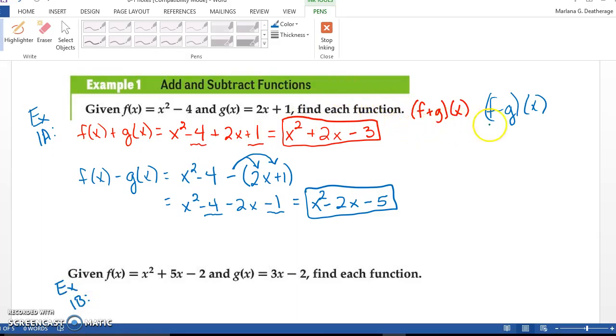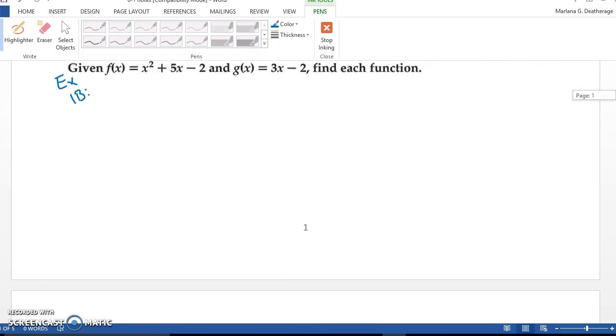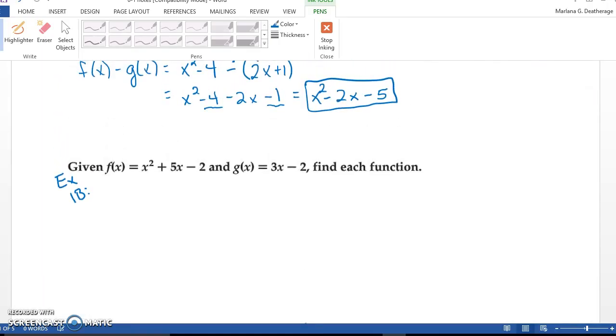Alright, same directions. We want to add them and subtract them. So I'm going to go back to my red for adding, since that's what I started with. So we're going to do f of x plus g of x equals f of x, which is x squared plus 5x minus 2, plus g of x, which is 3x minus 2.